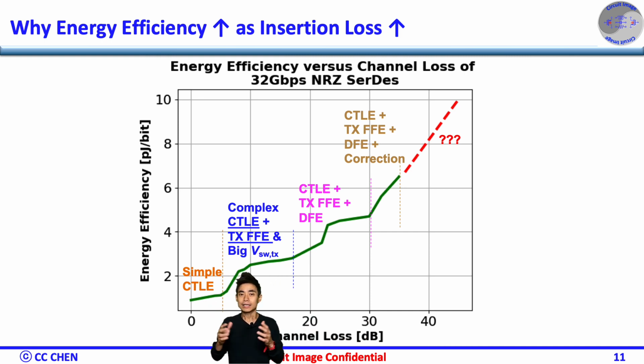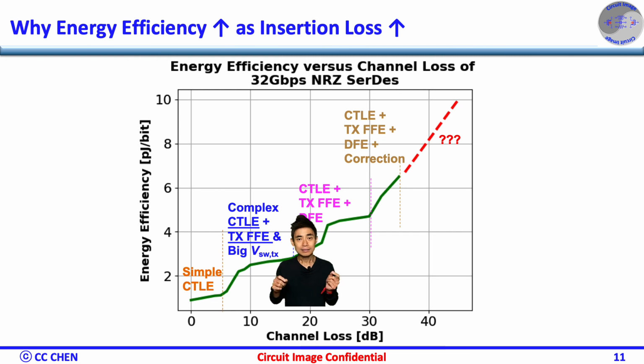First, in an extra short reach over 3 to 5 dB loss, the RX can have a simple CTLE to equalize the loss easily without increasing the TX output swing and power, which could be only 1 picojoule per bit or less.